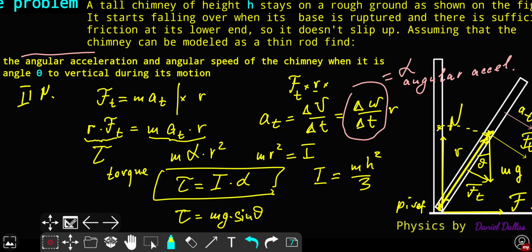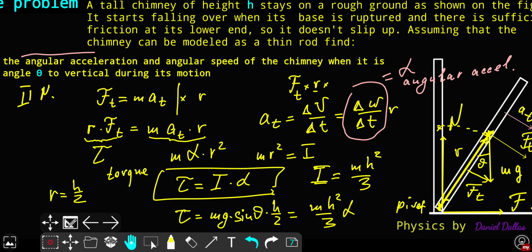And times r. In our case, r is equal to h over 2 because we keep track of the center of mass. So we'll get multiplied by h over 2. On the right side, that's going to be the moment of inertia times alpha, so we'll get m h squared over 3 times alpha.